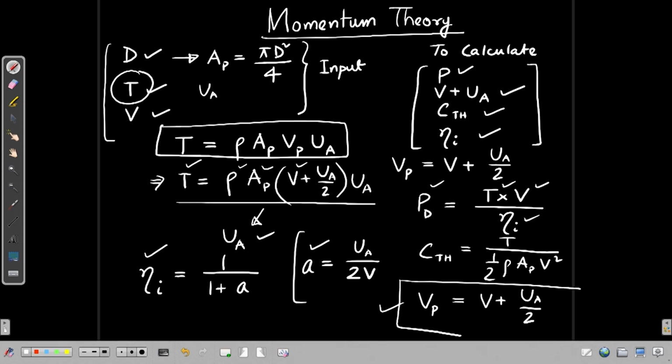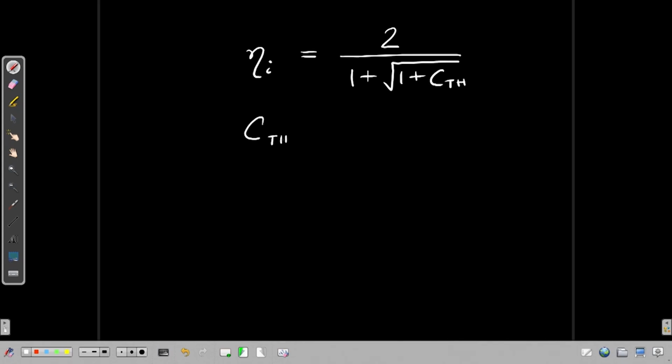Okay. So, in this way we can use simple momentum theory calculations to do basic powering estimate for a momentum disk where only the axial induced velocity is considered. Another very important aspect of this momentum theory is the relation between the ideal efficiency and the thrust loading coefficient. So, as the thrust loading coefficient CTH increases, the ideal efficiency of the propeller or the momentum disk here will decrease, and only for the condition where this CTH is equal to 0, then the momentum disk will have an efficiency of 1.